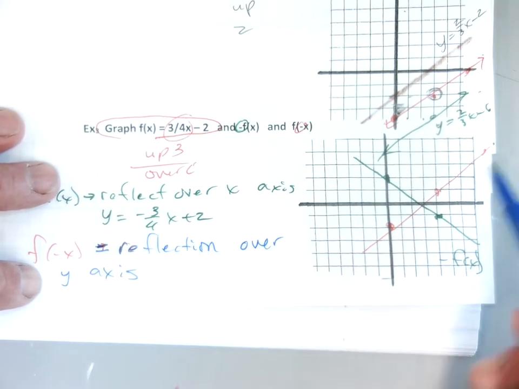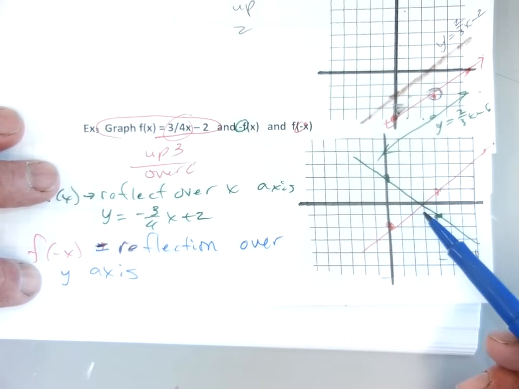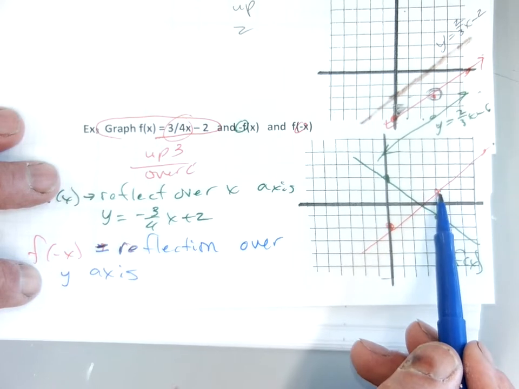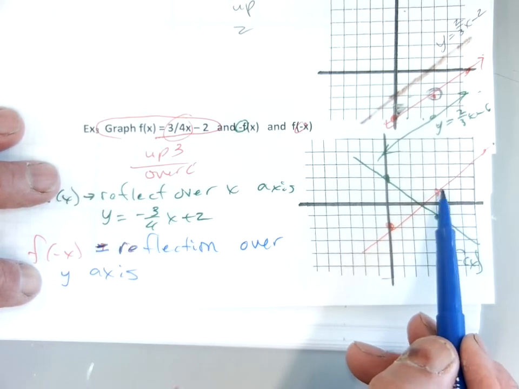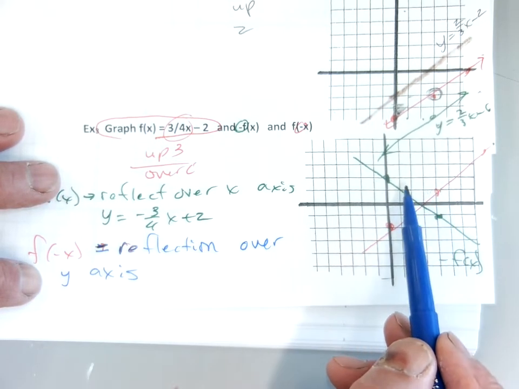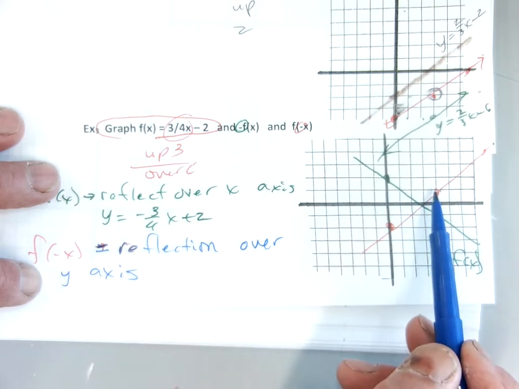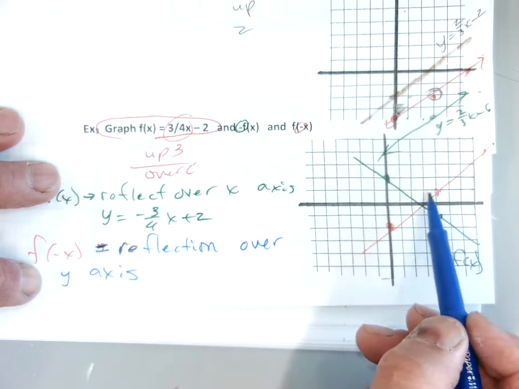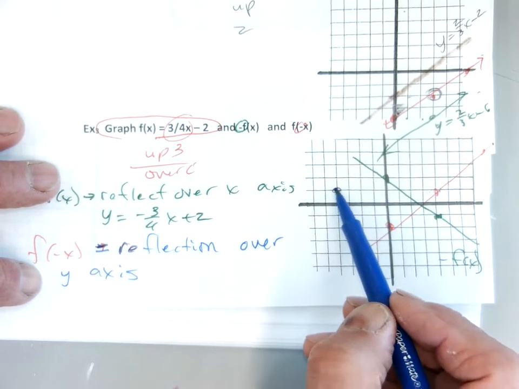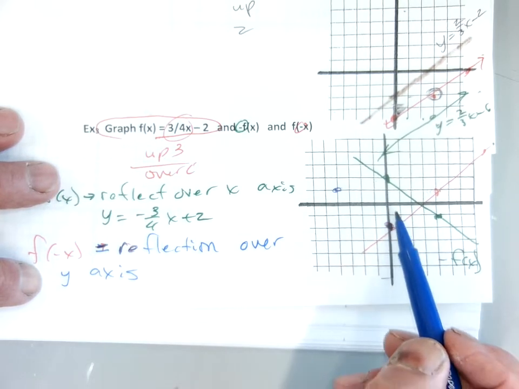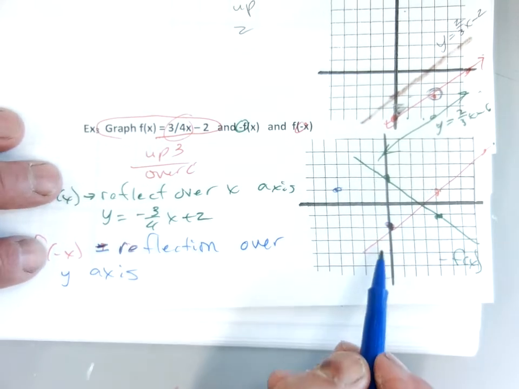So here's my original red one, right? I'm going to take this point right here and bring it over here. Take this point right here and bring it over here. So it's going to go over 1, 2, 3. And this graph just stays where it's at, because if you reflect it over the y, it's on it. And there's my line.